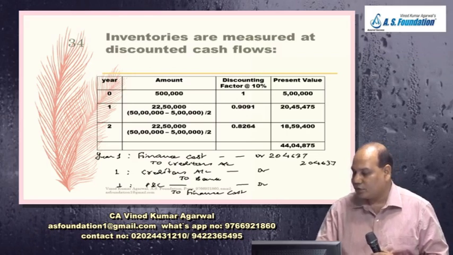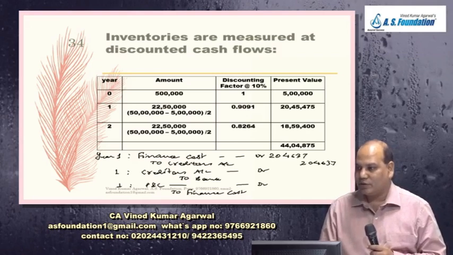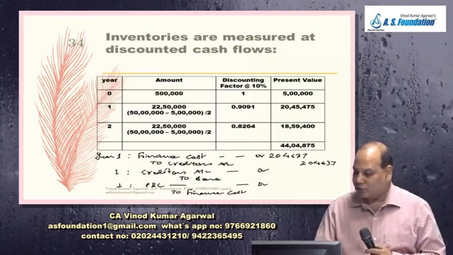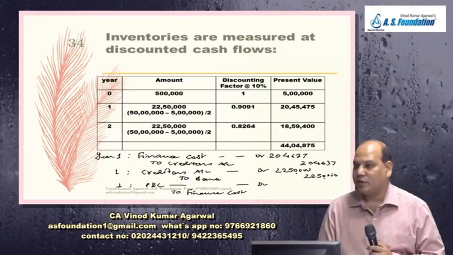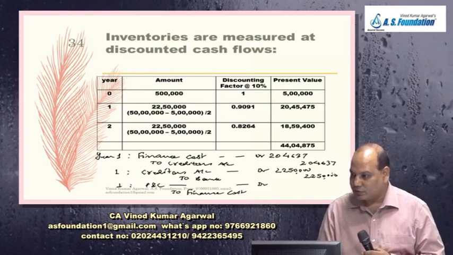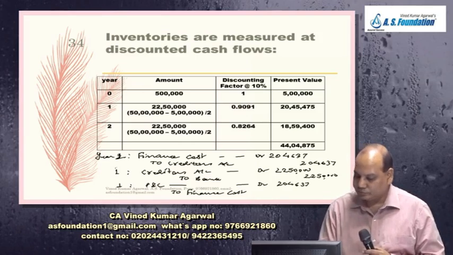You have to find out first opening balance of creditor. Take 10% of that. But at the same time, in the last year, I need to close my creditor account. So the interest will be the balancing figure. Creditor to bank 22 lakh 50,000. P&L account debit to finance cost. Year 2.